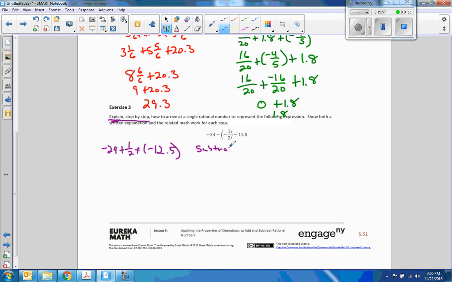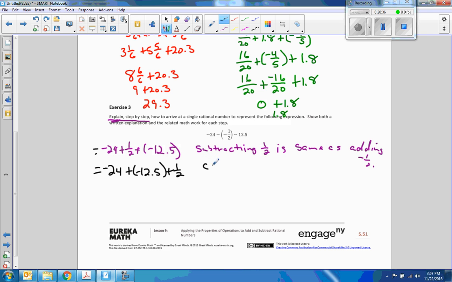Subtracting 1/2 is the same as adding negative 1/2. Okay, and that's going to equal negative 24 plus negative 12.5 plus 1/2.